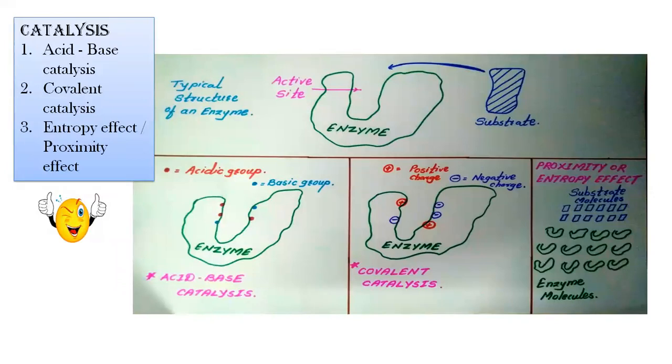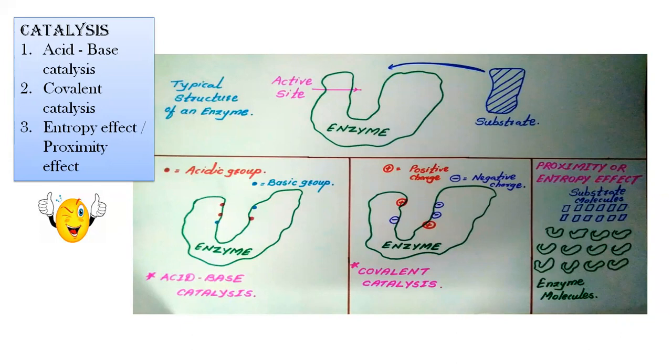And we know that the 20 naturally occurring amino acids are classified on the basis of the presence of acidic groups or basic groups in their structure, as well as positively charged amino acids and negatively charged amino acids on the basis of the presence of specific charge in their structure. That's why at the active site of the enzyme, the amino acids possess either an acidic group or a basic group in their structure, and those amino acids lead to the formation of acid-base catalysis.